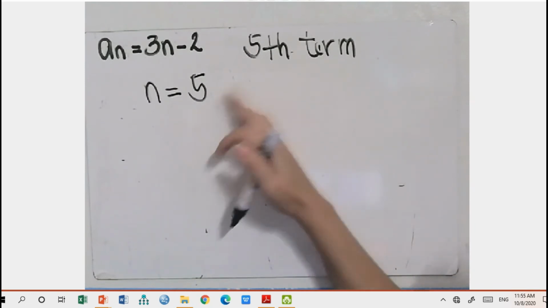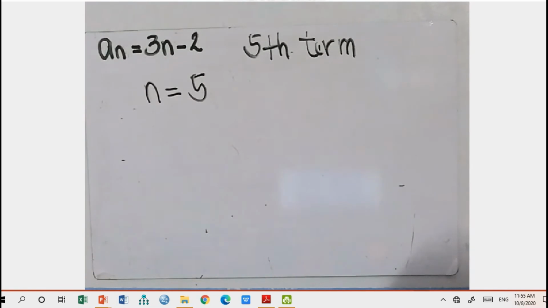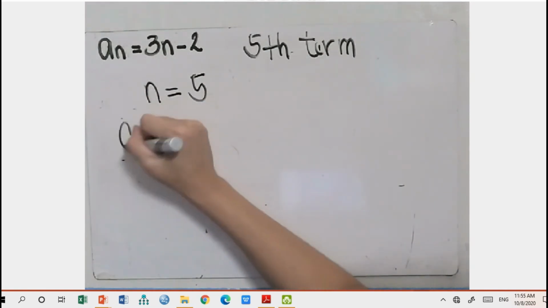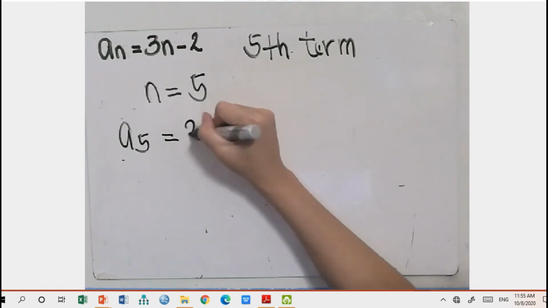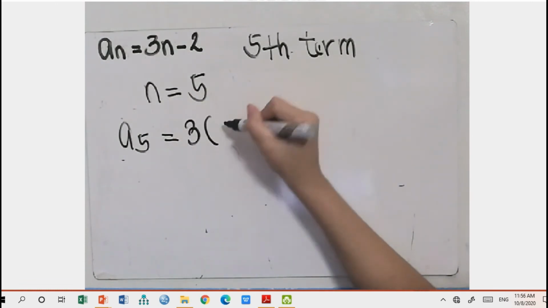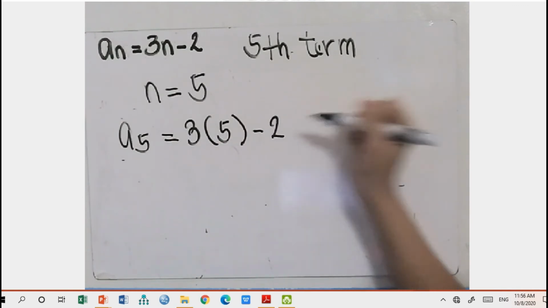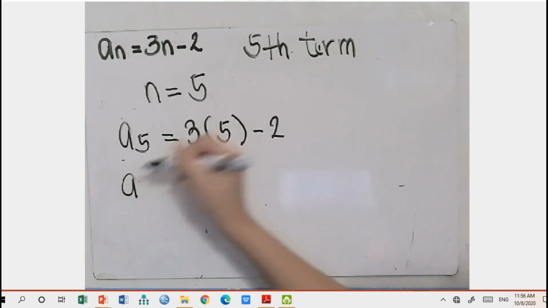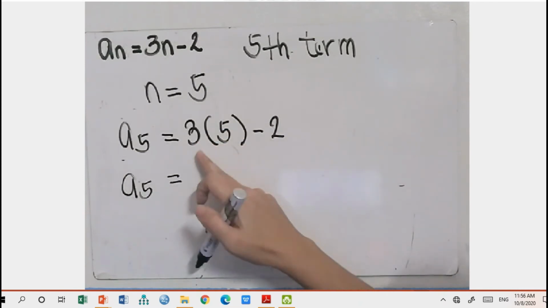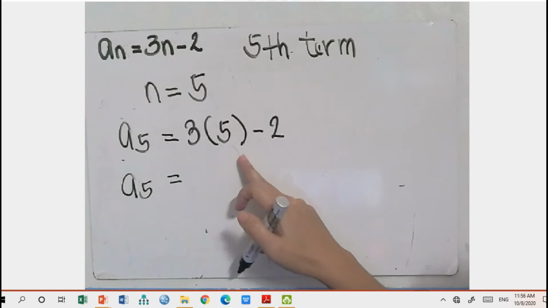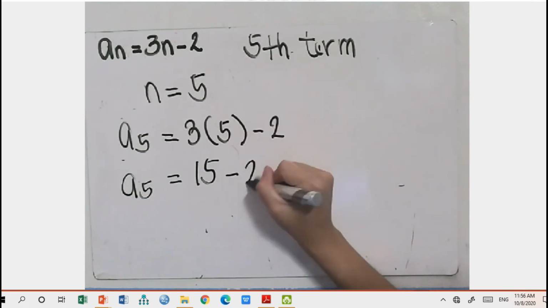Kasi yung hinahanap natin is the fifth term of the given sequence. Okay? So, we have a sub 5 is equal to 3 times 5 minus 2. So, we are going to do the operation. A sub 5, 3 times 5, the answer is 15. Minus 2.